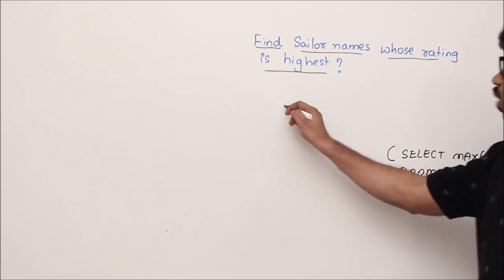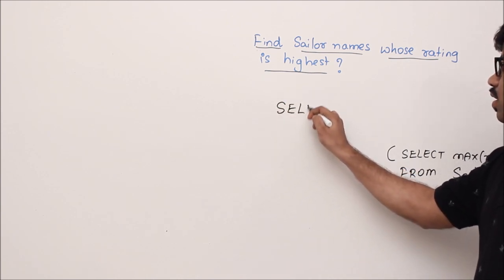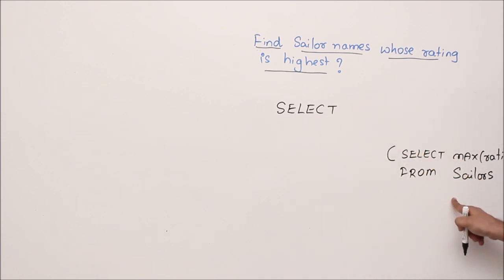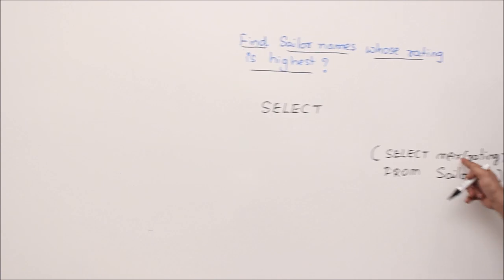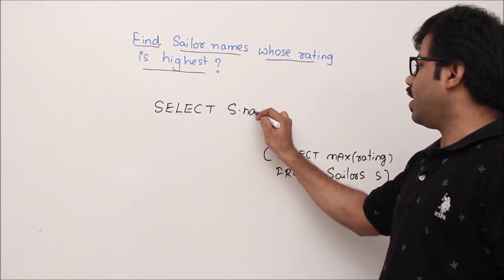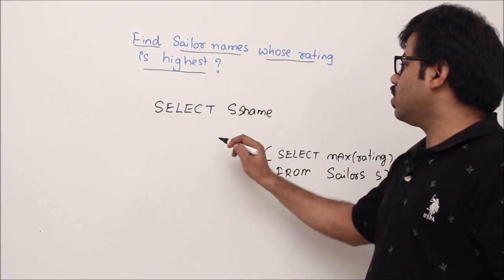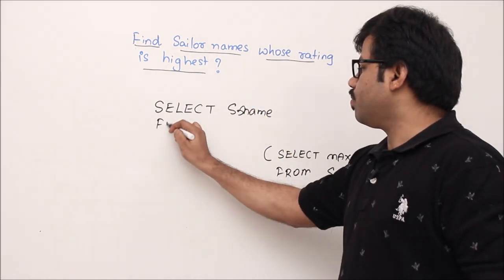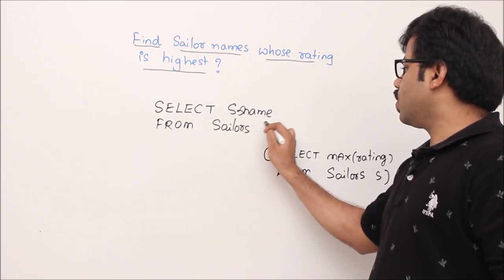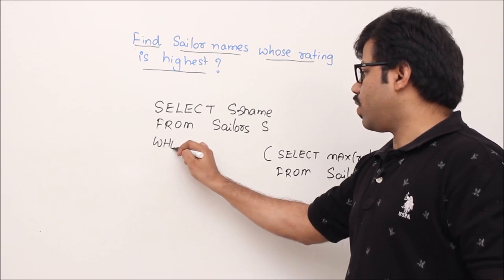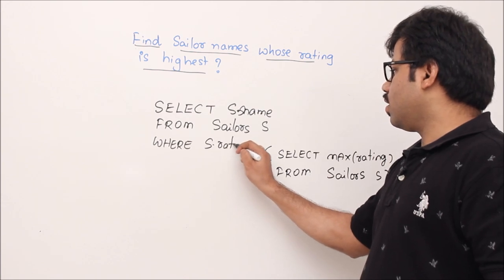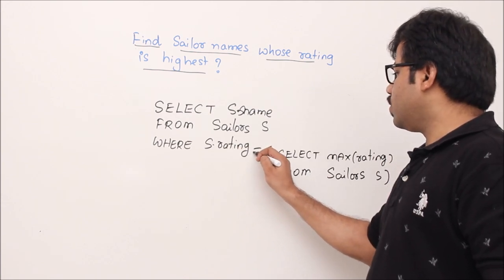Now using the outer query, I take every sailor, and anybody who has this property, that means anybody whose rating is this rating, then I print s.sname. Select s.sname from sailors s, where having this property, where s dot rating equal to this one.